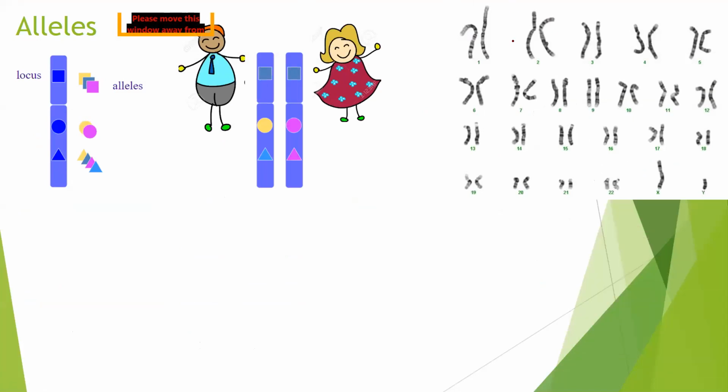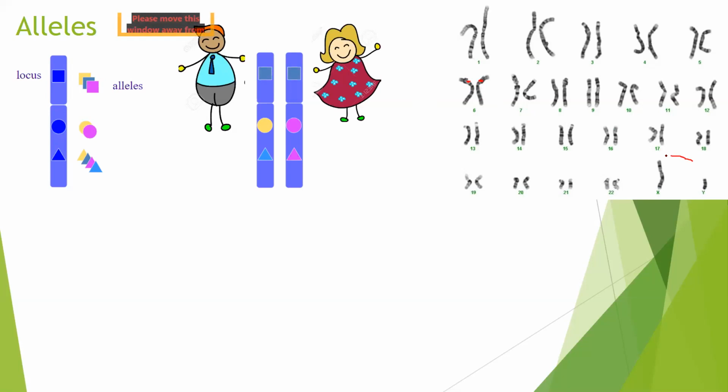Yeah, so if you look at any of the autosome pairs, they are of the same length, which means if there's a gene at this locus, you must find the same gene at this locus on the other homologous chromosome, right? Because they are similar.